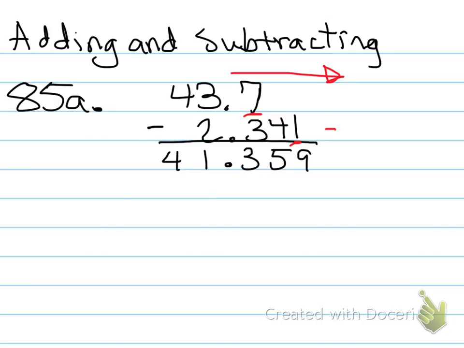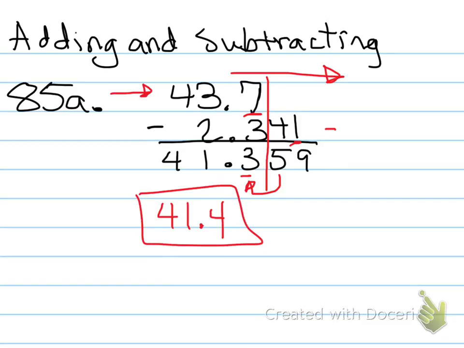So when adding and subtracting, we go to the least precise number. This least precise number is our guide, and it stops at the tenths place, which means our answer is going to have to stop at the tenths place. Okay, so we are going to round this number to the tenths place. So if it's 41.359, that 5 will kick up that 3. So we will round it to 41.4, and that will be our answer.